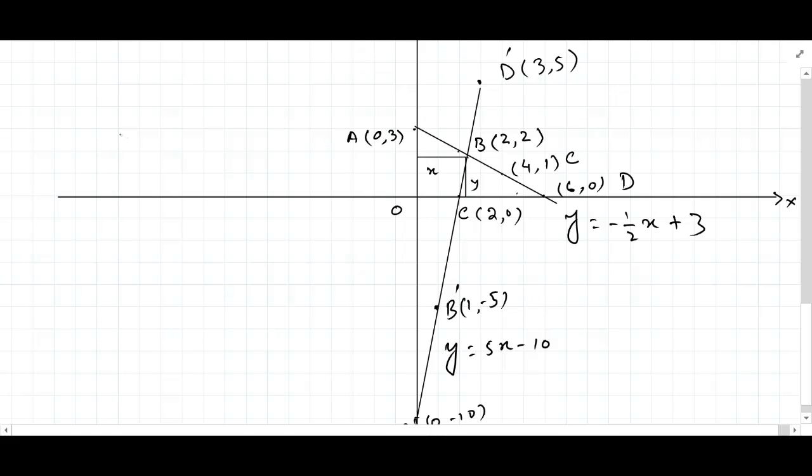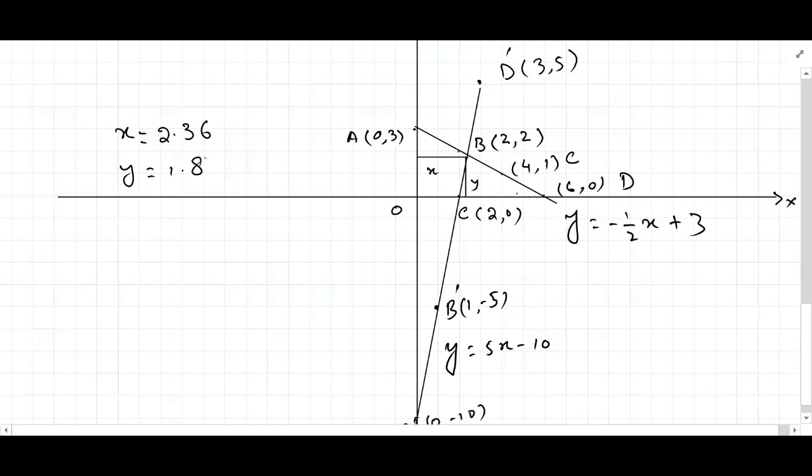X seems like 2.36, and y, the height, is 1.8.